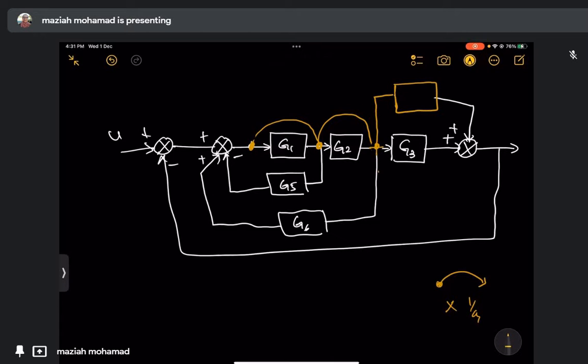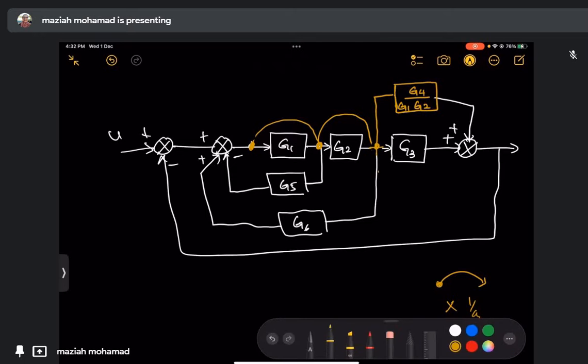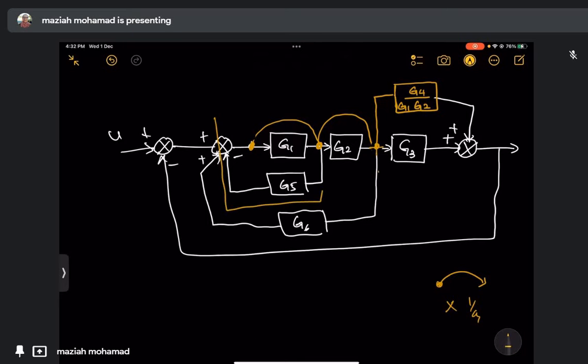That will become G4 over G1, G2, because you need to multiply with 1 over G1 and then multiply with 1 over G2. By doing that, now we can solve for this part here, the first feedback. So it will become G1 over 1 plus, because the sign is minus, G1, G5.